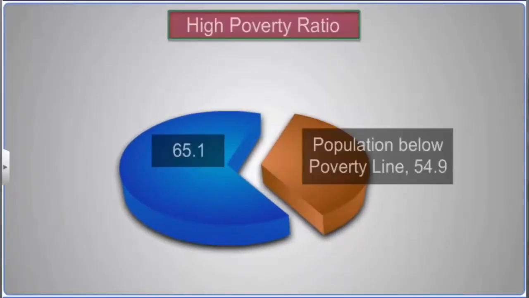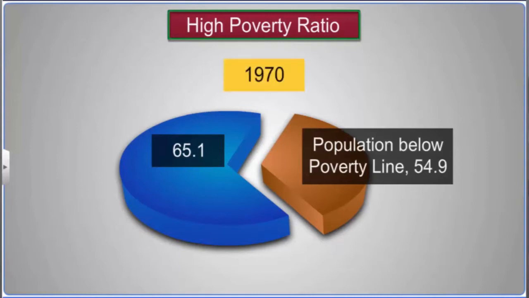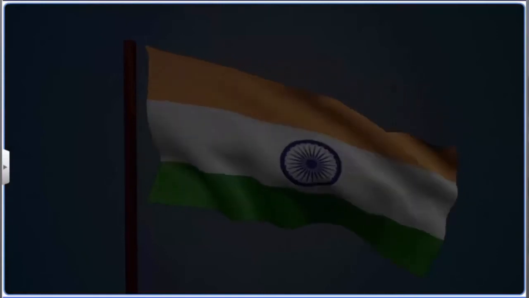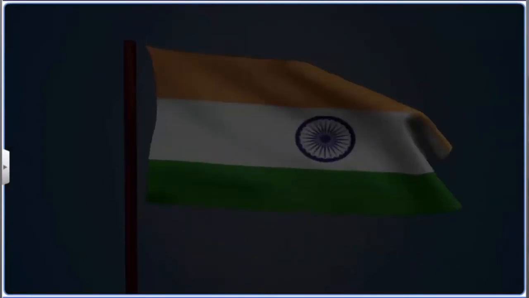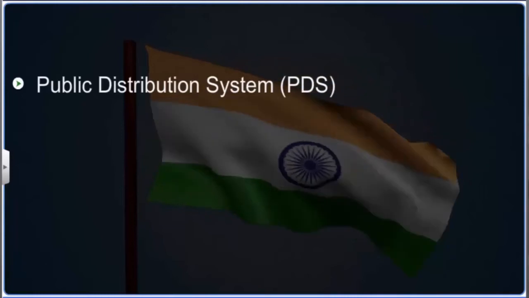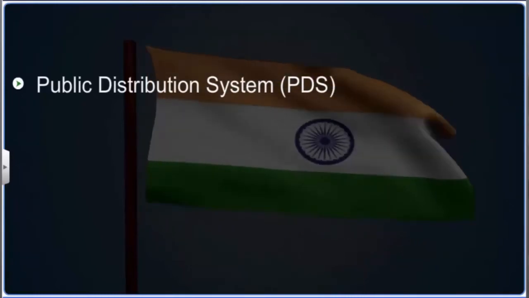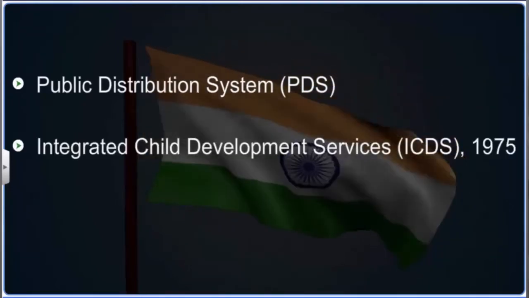The high poverty ratio reported by the National Sample Survey Organization in 1970 prompted the government to launch 3 important programs related to food security. These programs included strengthening of the existing public distribution system and the introduction of the Integrated Child Development Services and the Food for Work program.